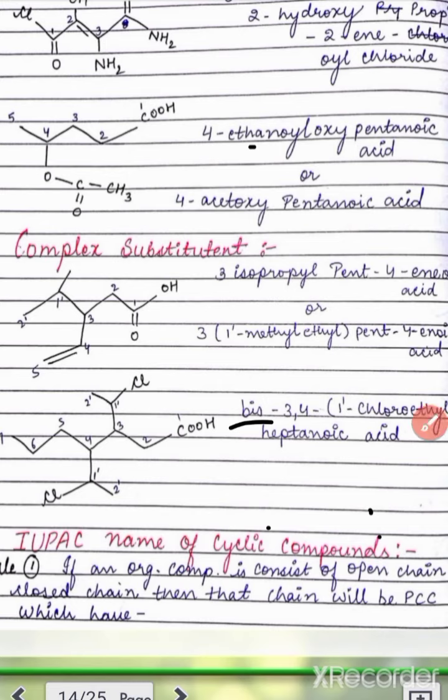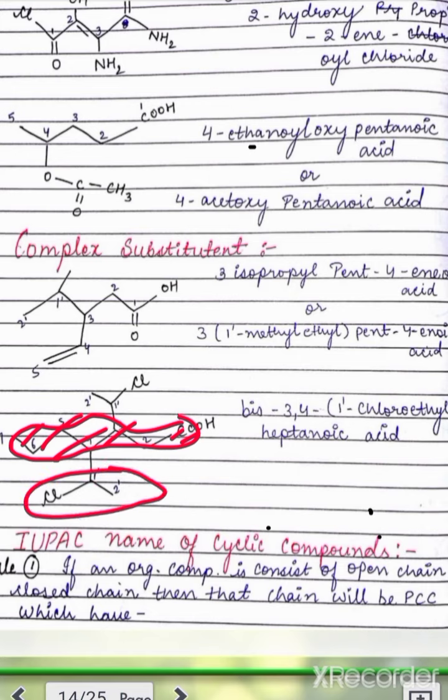So here, this is the main parent carbon chain. Hide this one and number this chain. If we number it, then 1' and 2'. At the 1' position it has a chloro group, so 1-chloroethyl, as the substituent's main chain is of 2 carbons, so the word ethyl is used.